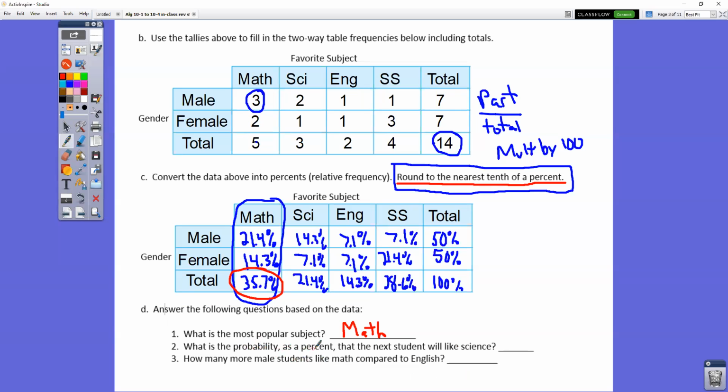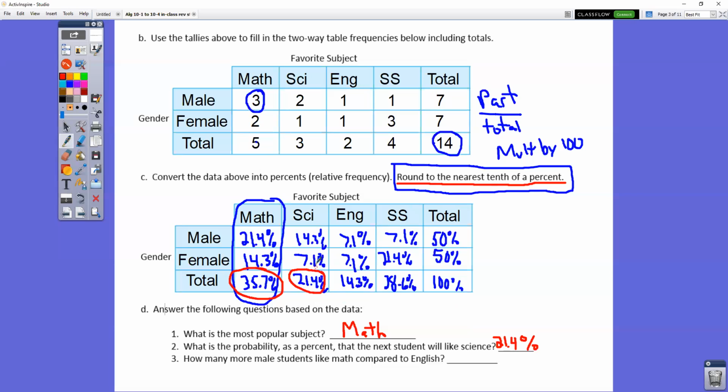What is the probability as a percent that the next student picked will like science? Well, we're looking at this square right here. Of all the people who like science, it would be 21.4%.